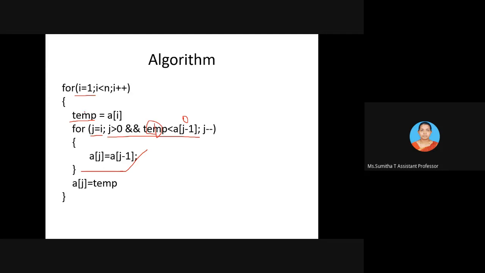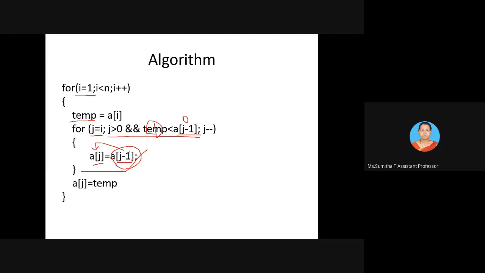If the first element is less than the 0th element, then we have to do a of j equal to a of j minus 1. a of j is the first position and this is the 0th position. The 0th position element is moved to the first position because it is greater. We are arranging in ascending order, right?